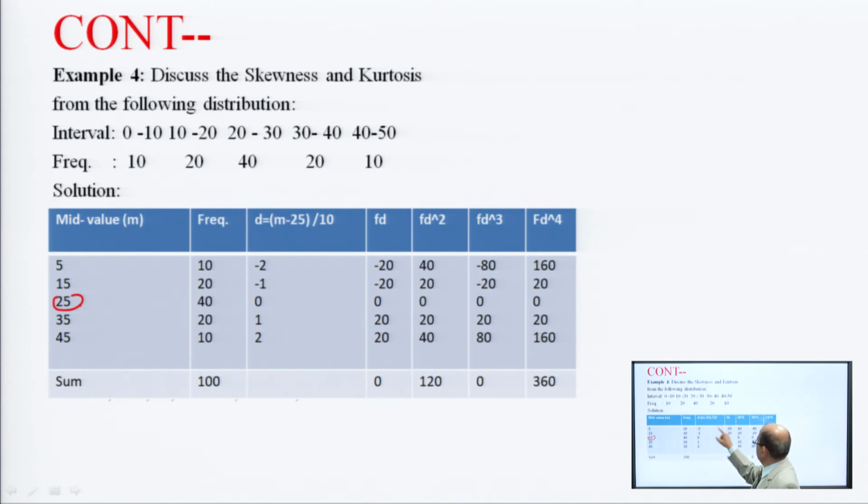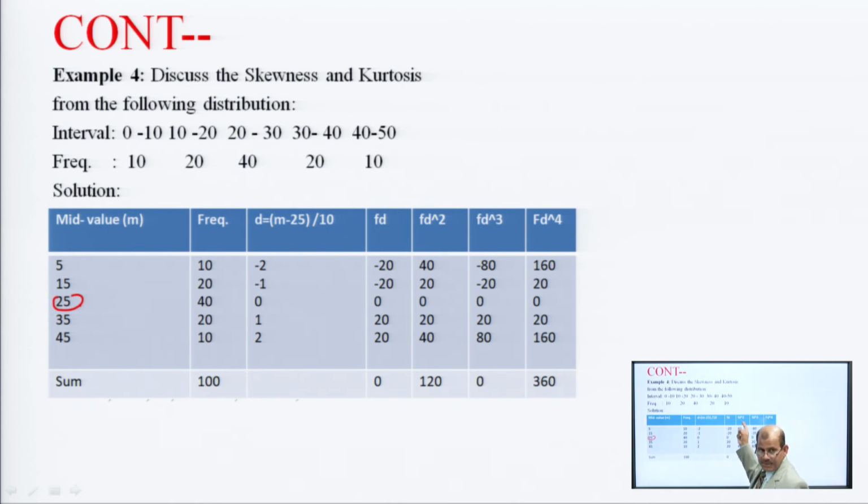FD means frequency into D: 10 into minus 2 is minus 20, 20 into minus 1 is minus 20, 40 into 0 is 0, 20 into 1 is 20, 10 into 2 is 20.